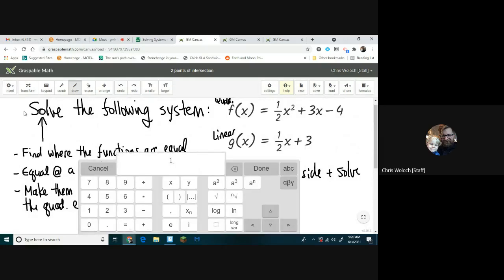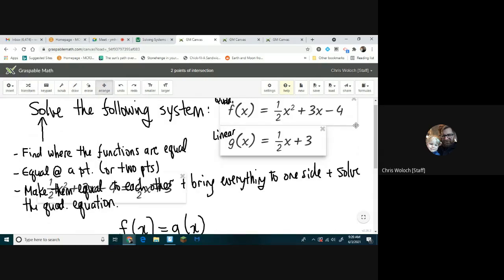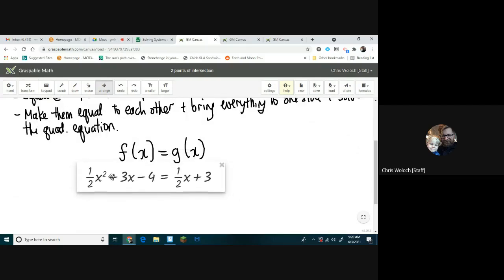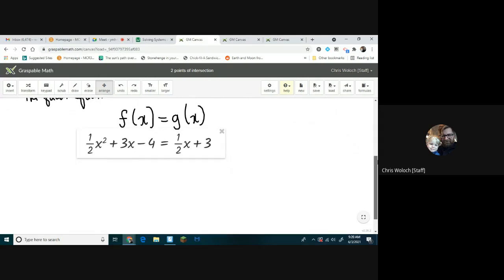So 1/2 x squared plus 3x minus 4 equals 1/2 x plus 3. Okay, and then let me bring that down. So that's what I've done here. I just made them equal. I have f of x on the left, g of x on the right.